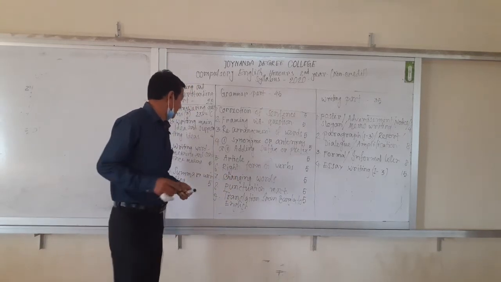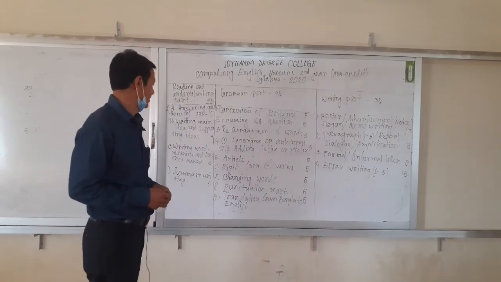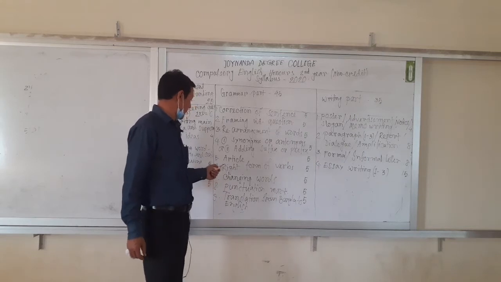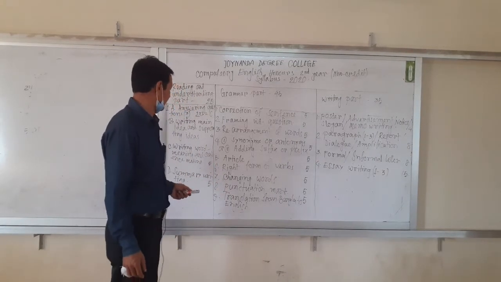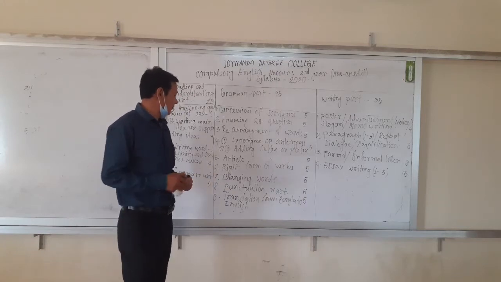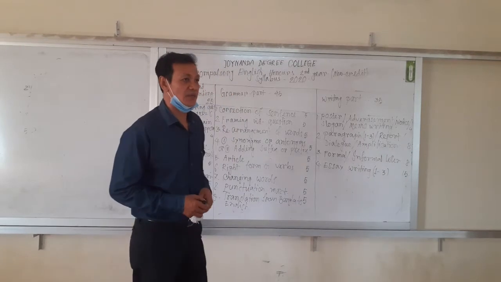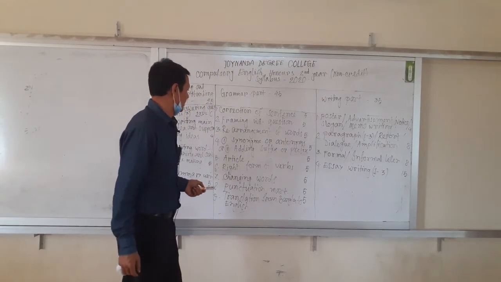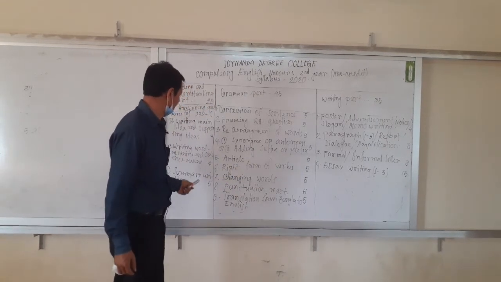Next one, article. I think all of you are acquainted with the term article. 5 gaps will be given in a passage, and you have to use articles in those blanks, which contains 5 marks.